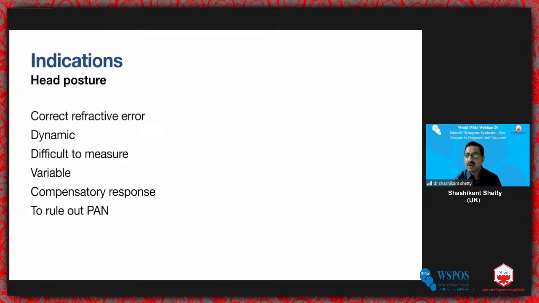It is very difficult to measure accurately because it depends on the patient and on the stress factor the patient is undergoing. It can be very variable, and it's a compensatory response to the nystagmus. So it is not a pathology, it is the response to what the patient is having. And always rule out periodic alternating nystagmus and aperiodic alternating nystagmus.